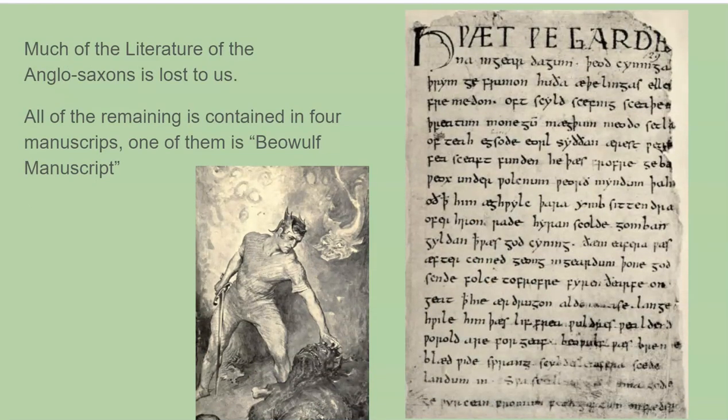We were talking about the Anglo-Saxon literature, but much of this literature is lost. So we don't have many works of art from this period, and all the remaining is contained basically in 4 manuscripts, and one of them is the Beowulf manuscript, in which we can find the story of the epic poem of Beowulf.